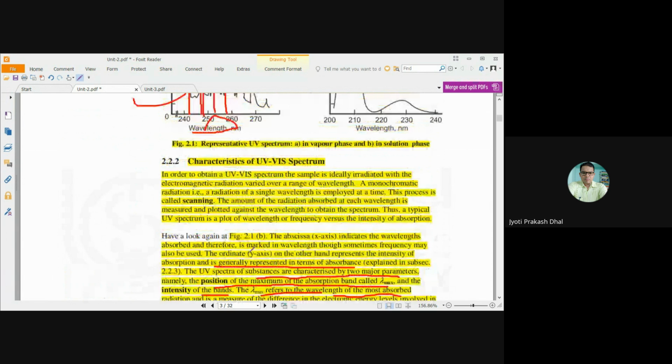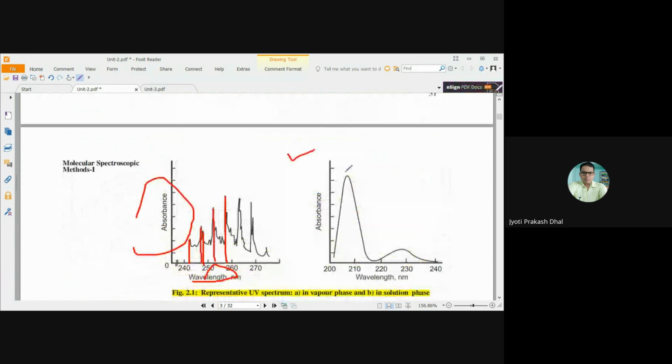So that means if you see this graph, this one is lambda max, that means for this particular wavelength, the wavelength is around 208 nanometer. So at 208 nanometer, that means when electromagnetic radiation of 208 nanometer passes through the sample, according to the characteristics of the sample it will absorb maximum electromagnetic radiation of 208 nanometers.